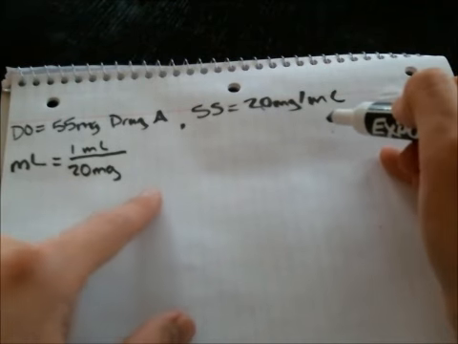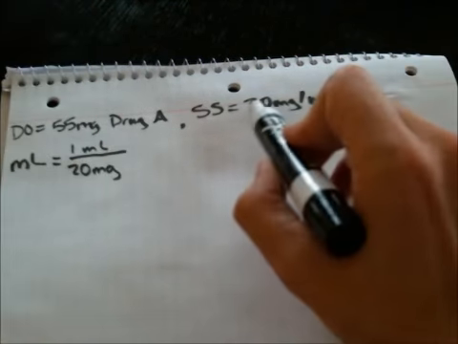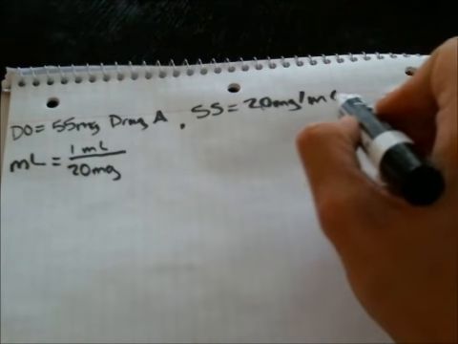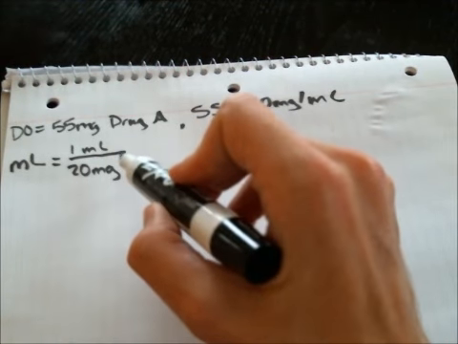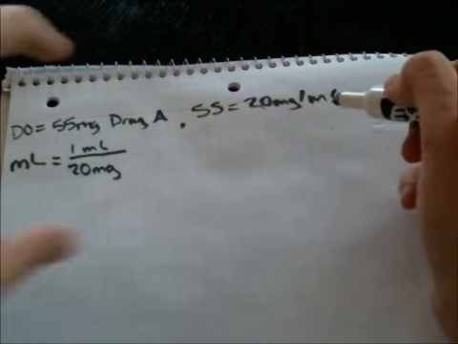When you're doing dimensional analysis, it doesn't matter whether it's 20 milligrams per milliliter or 1 milliliter over 20 milligrams. As long as you're putting them in correctly and canceling units in the proper way, you can reverse the order of things. That's no problem at all.